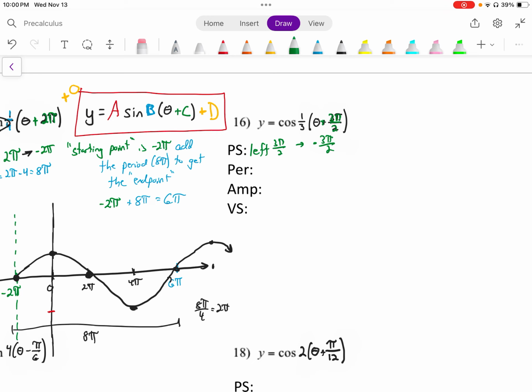Our period is the normal cosine period, 2 pi, divided by this 1/3 here, because that's what's multiplied. Dividing by 1/3 is the same as multiplying by the reciprocal, so the period is 6 pi. The amplitude is simply 1. And the vertical shift, nothing's added out here, so it's 0.